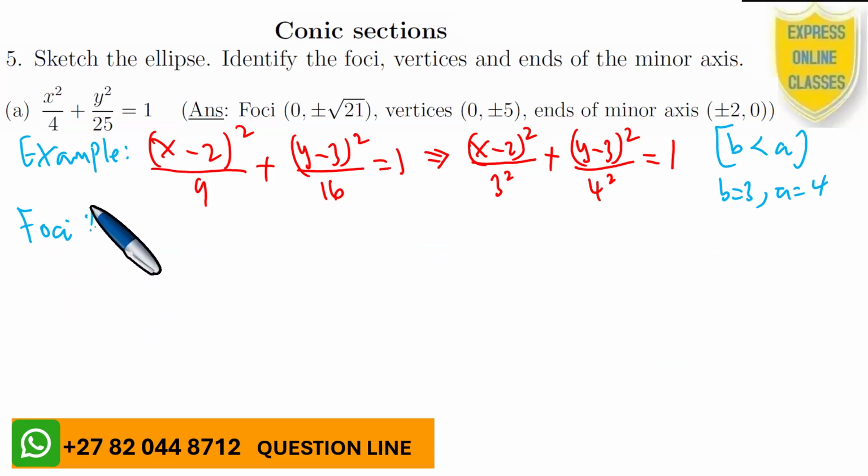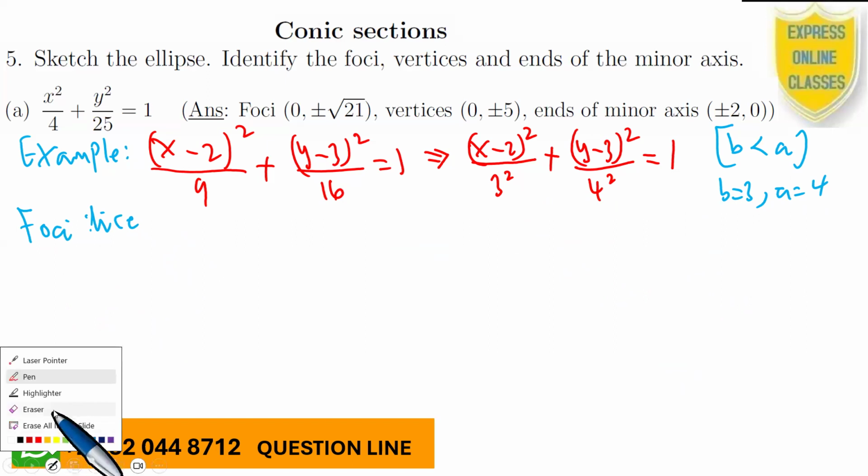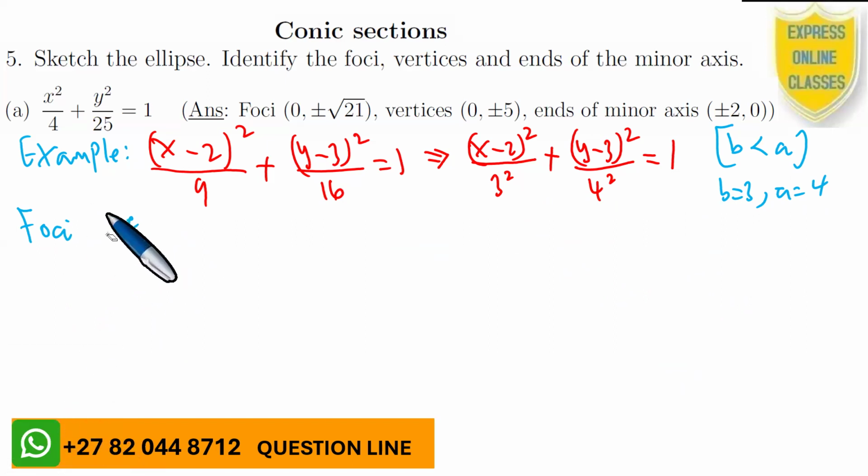Let us deal with the foci first. The formula for the foci is c equals the square root of a squared minus b squared.